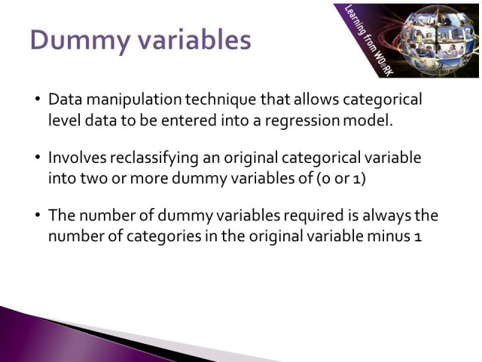That allows us to enter categorical level data into a regression model. It involves reclassifying an original categorical variable into two or more dummy variables with either a 0 or a 1. The number of dummy variables required is always the number of categories in the original variable minus 1.